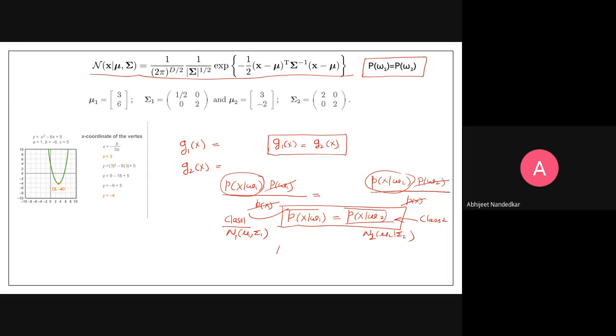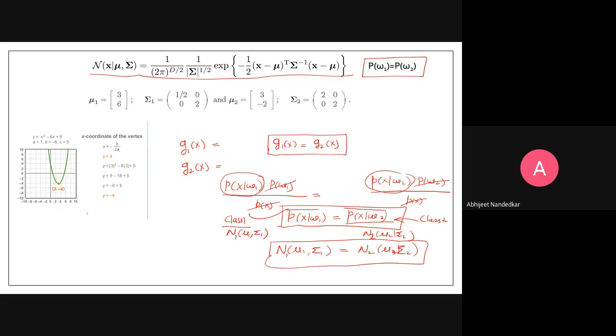That means we have to equate N(mu1, sigma 1) to N(mu2, sigma 2). If you equate and simplify, you should get this boundary equation.